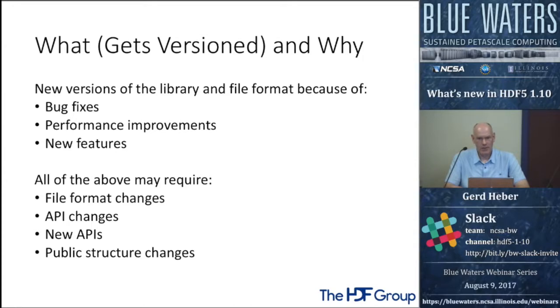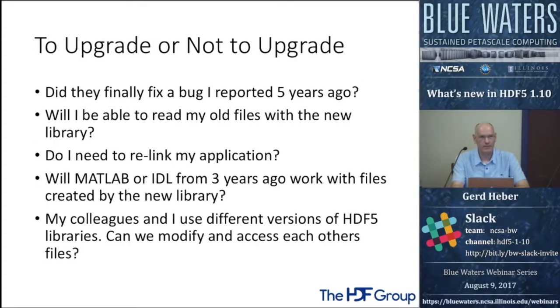As far as the library is concerned, that in some cases means API changes, new APIs appearing, but also modifications to existing APIs. And if you are a programmer, let's say you program in C, then part of these APIs are sometimes certain public structures, for example, and there might be new members or new fields in that structure. Some might go away, the types might change, and so forth. So this is really what gets versioned and some of the reasoning behind it.